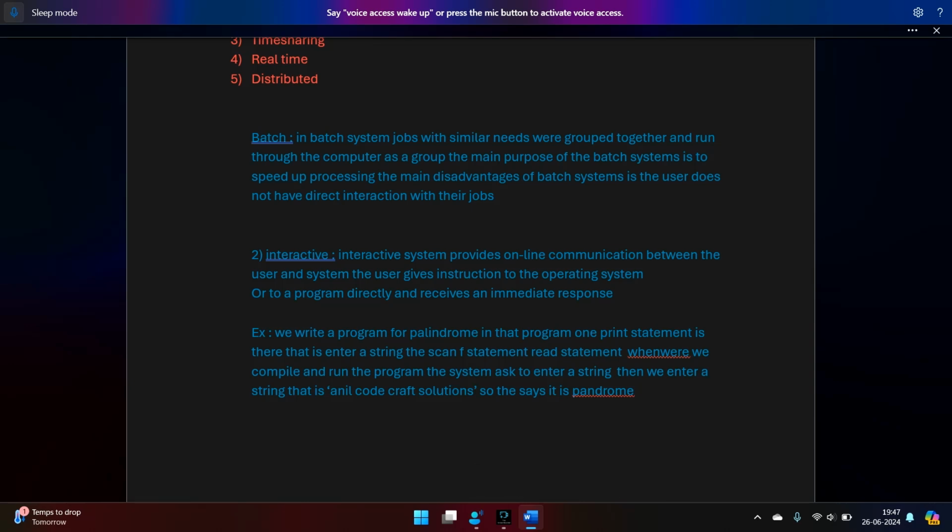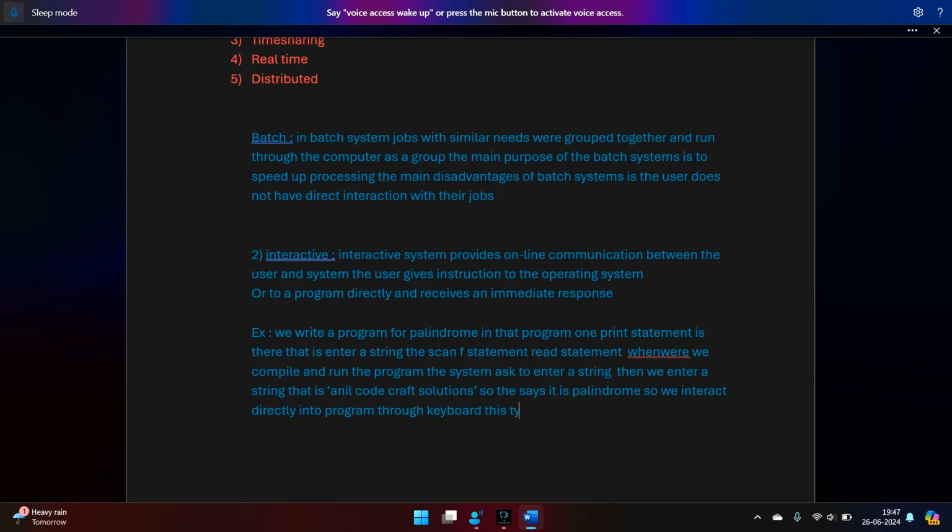We interact directly with the program through the keyboard.